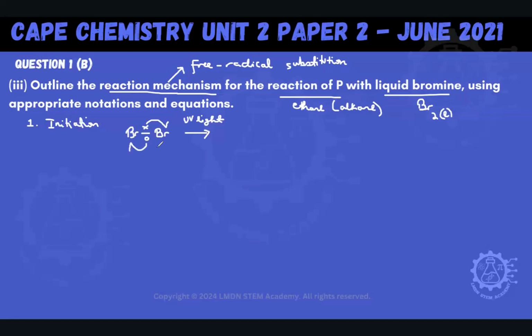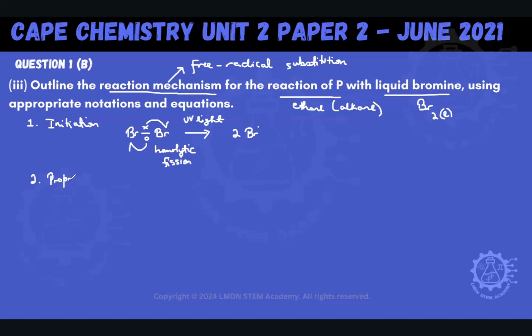Because we have homolytic fission, where the electrons are split and shared equally, we end up with what we call radicals, and we're going to get 2 bromine radicals. So that's our first step, generating this bromine radical. That's initiation.